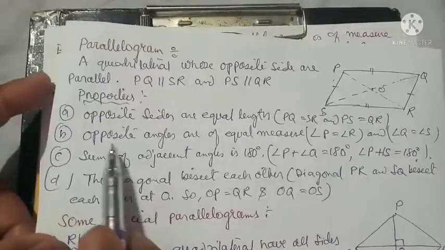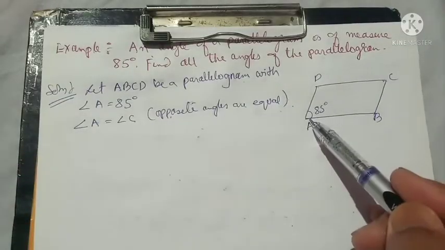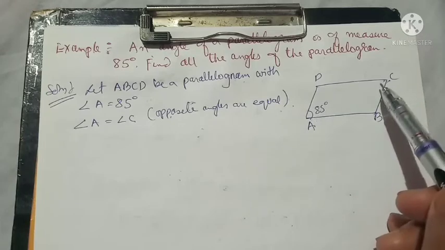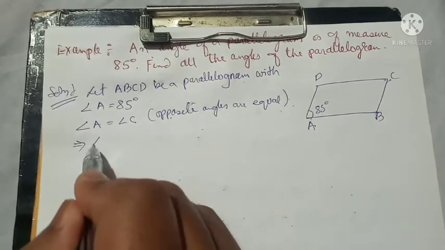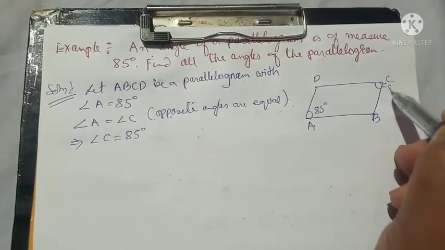Here the opposite angles are equal in measure. So angle A and angle C should be equal in measure. So we have angle C equal to 85°. We have this one, angle C equal to 85°.